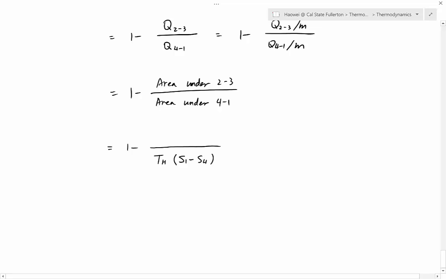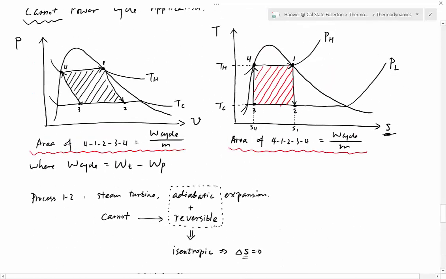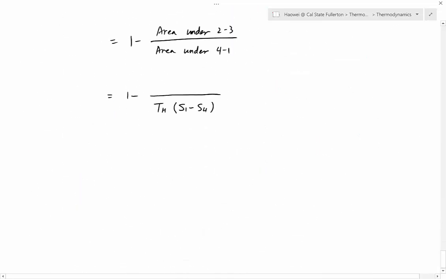And now let's take a look. Area under 2 to 3, how do we calculate that? Go back to the diagram, take a look. Area under 2 to 3 has a height of TC, and it has a base of S1 minus S4. So the height multiplied by the base is TC multiplied by S1 minus S4. And now you can tell S1 minus S4, they cancel.